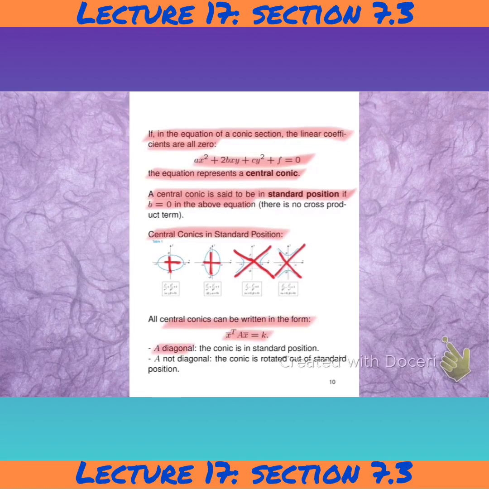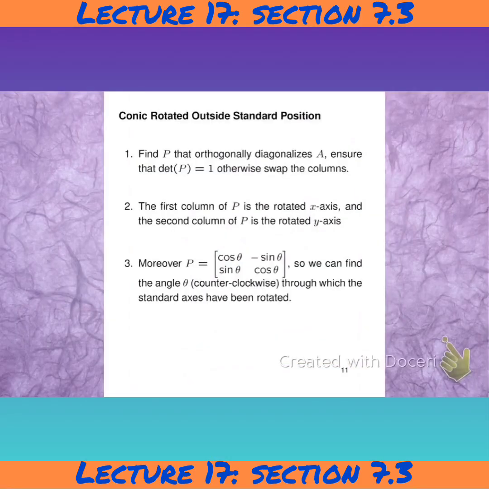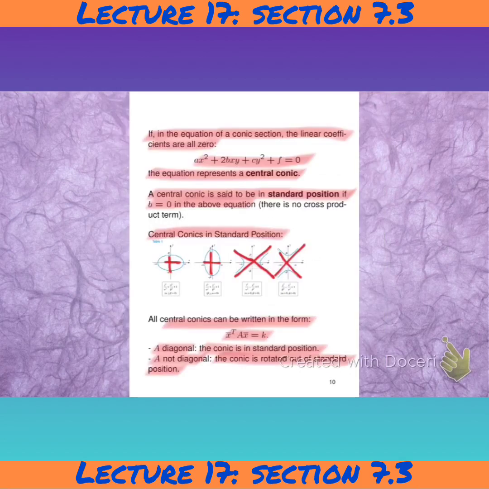Okay, now all central conics can be written in this particular form. If A is diagonal, the conic is in standard position, and if A is not diagonal, the conic is rotated out of standard position. So if a conic is rotated out of standard position, we would like to rotate it so that it is in standard position, because then it's easier to work with.